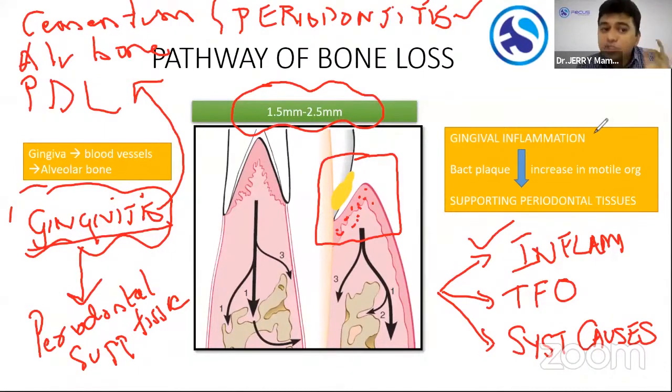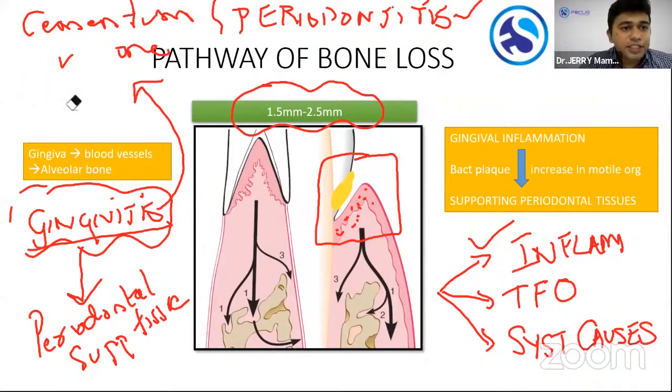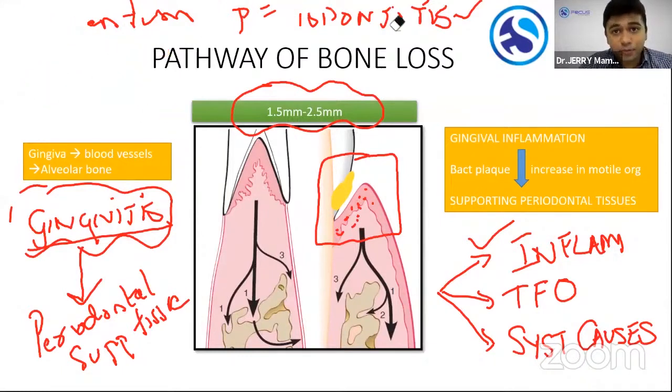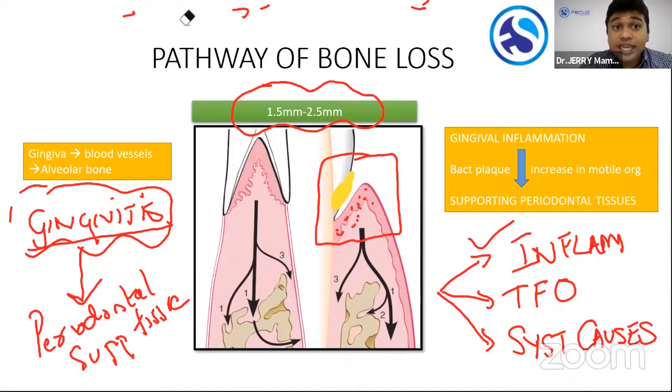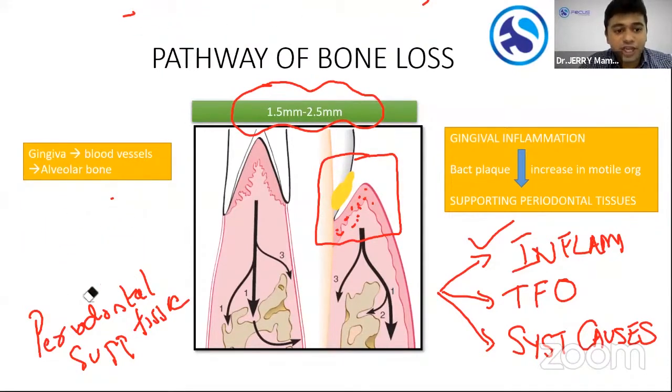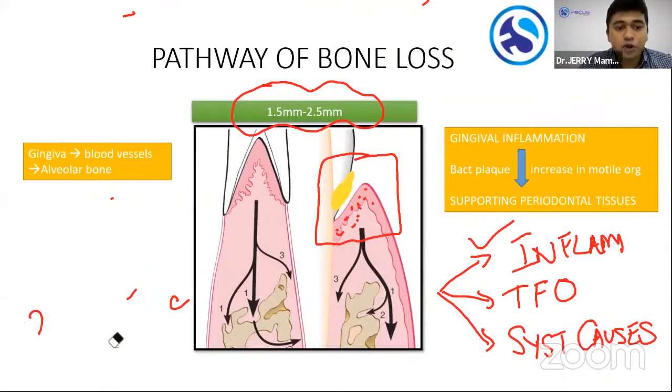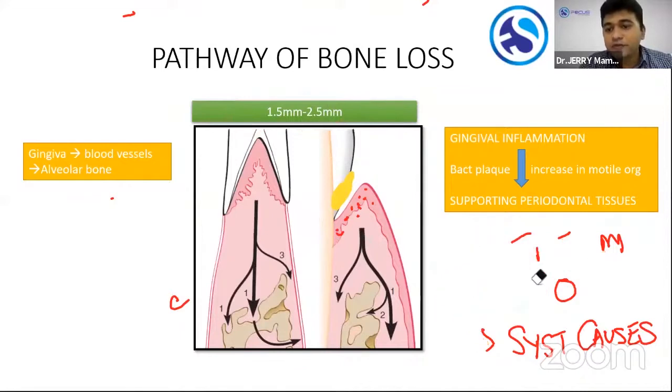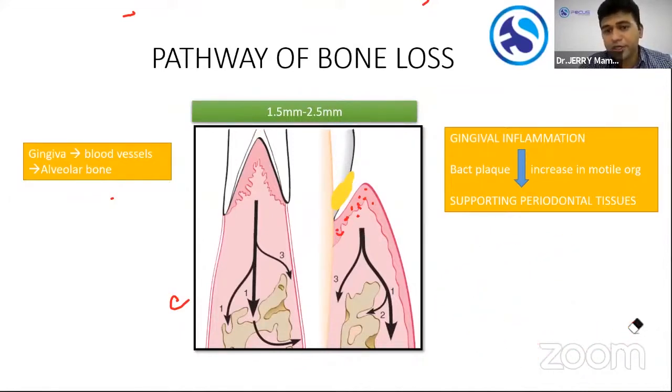So now we understood that gingivitis progresses to periodontitis, and that is how inflammation from the gingiva moves on to the supporting periodontal tissues. Now we will see how it moves into the supporting periodontal tissues.